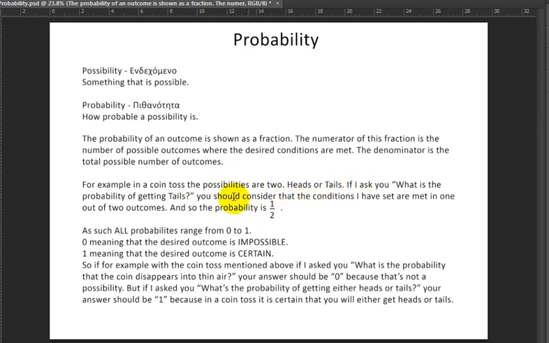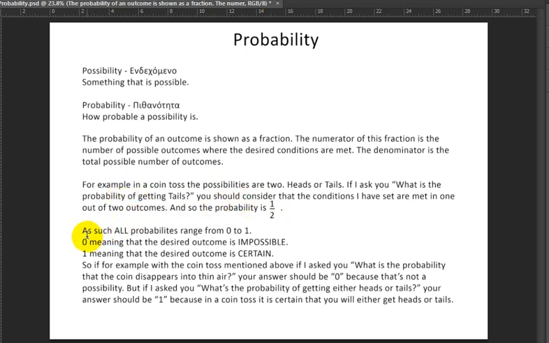And if I ask you, what is the possibility of getting tails, you should consider that the conditions I have set are met only if you get one of the two conditions, tails, not heads, tails. And so the probability would be 1/2, 1 out of 2 conditions satisfy the terms I set, basically, which is getting tails.